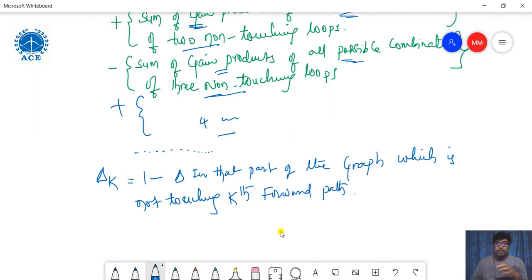And the last one, delta k. Delta k is 1 minus delta, the previous value, for that part of the graph which is not touching the kth forward path, right? This is a very important topic, Mason's gain formula. So in the next class we are going to discuss problems and solutions for Mason's gain formula.